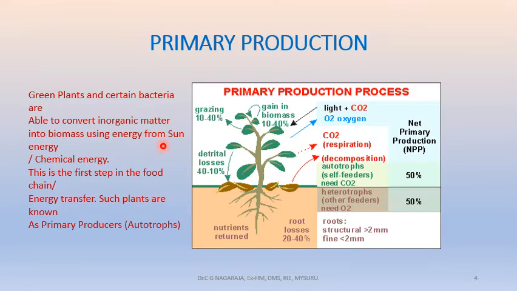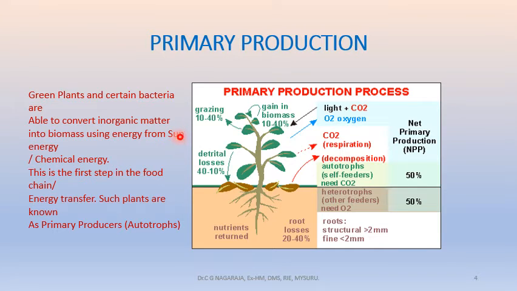And primary production is the first step in the food web or in the food chain, and for any energy transfer to happen in the ecosystem, it should begin with primary production.